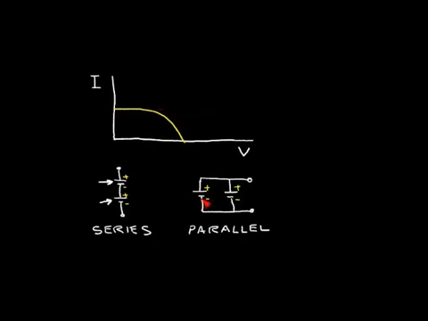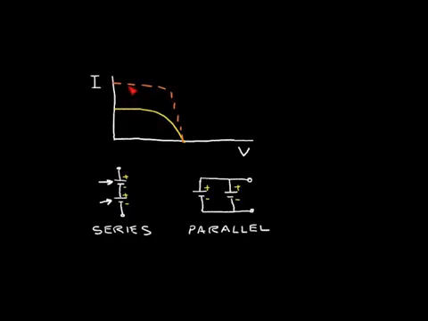Let's say that we connect two identical solar cells in parallel in this way. And if we do that, we maintain the same voltage, but we double the current capability of the solar cell. So we end up with a new curve that has a higher current capability, but the same voltage capability here.